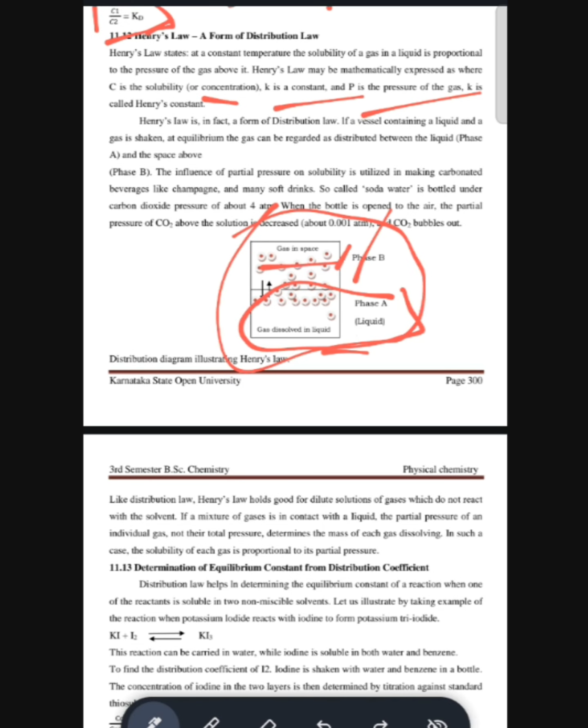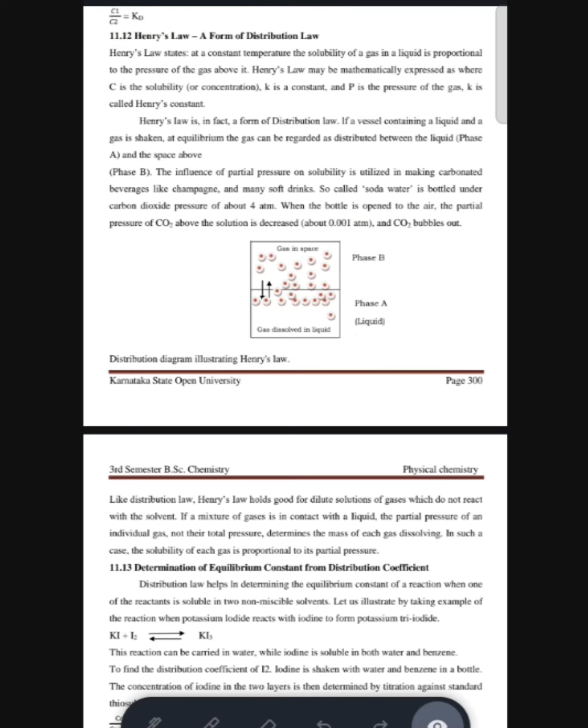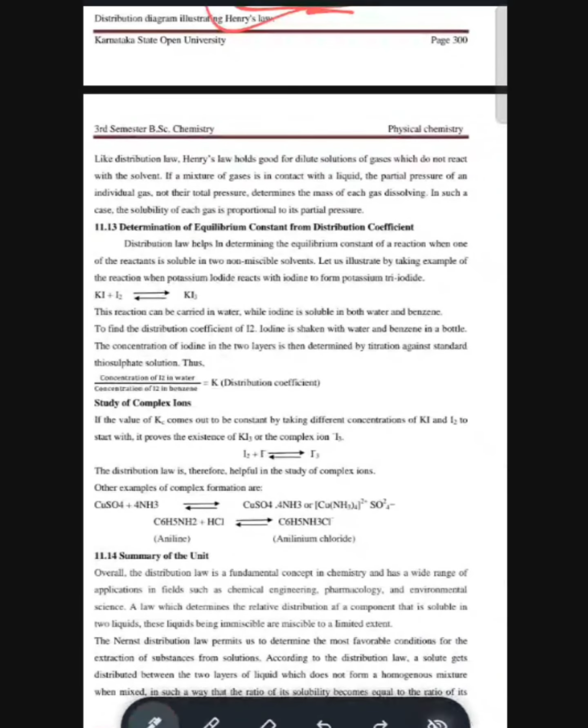Next is the determination of equilibrium constant from distribution coefficient. The distribution law helps in determining the equilibrium constant of a reaction when one of the reactants is soluble in two non-miscible solvents. It helps us know whether the solvents have attained equilibrium or not.